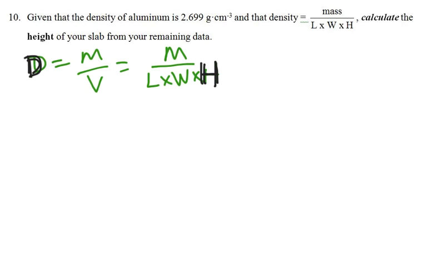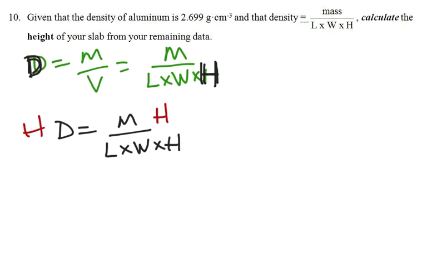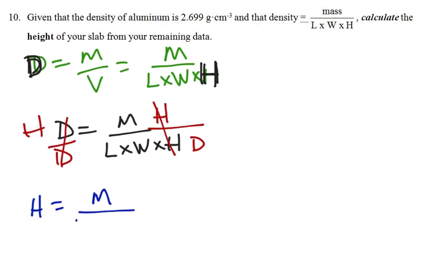So we're going to take density equals mass over length times width times height. And what I want to do is multiply both sides by height, and that'll get rid of the heights, and divide both of these by density, and that'll get rid of my densities, and I'll come up with a nice formula here. I'll write it clean, that the height is equal to the mass divided by the length times the width times the density.